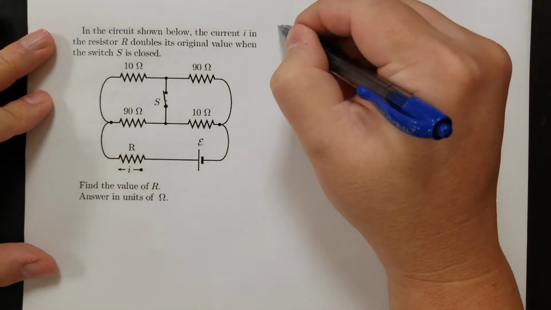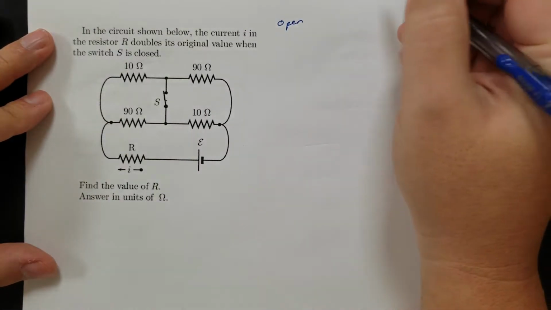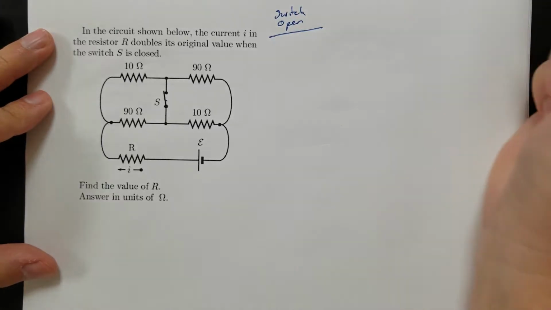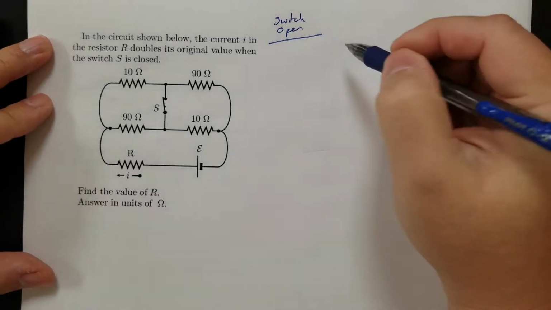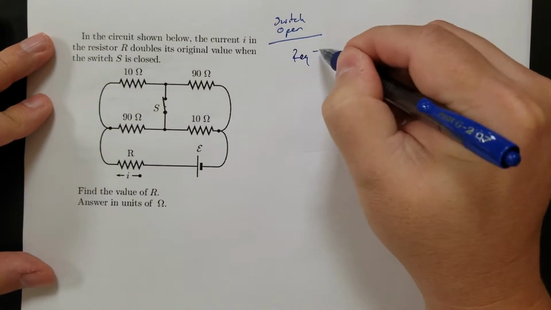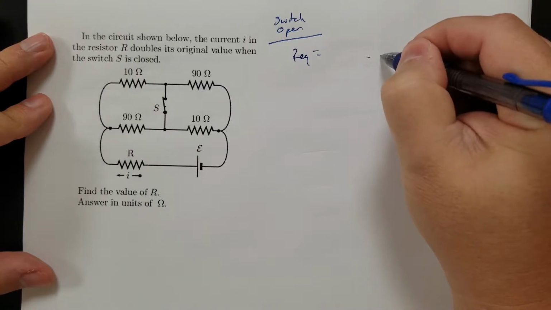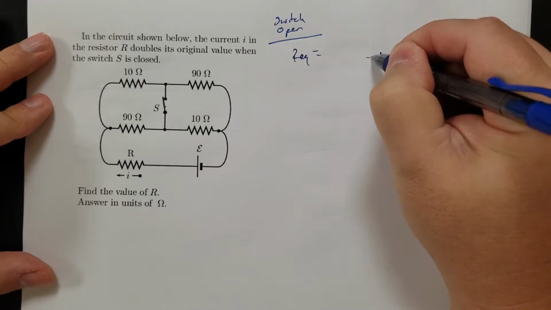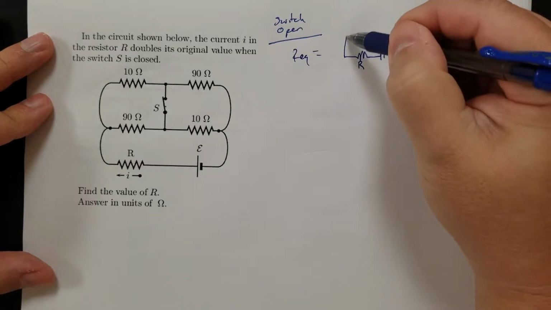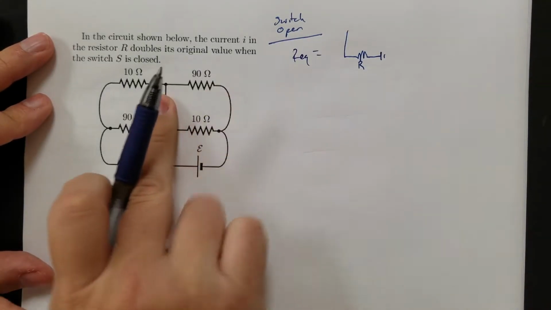So first, let's look at the circuit when the switch is open. So we'll call this switch open. Okay, so when the switch is open, the circuit should look like this. We'll say REQ, here's my battery, here's R, and then it goes up, and when this switch is open, that thing is basically not there, right?